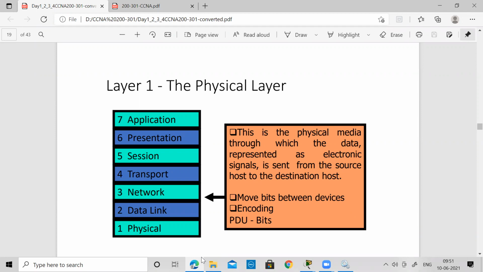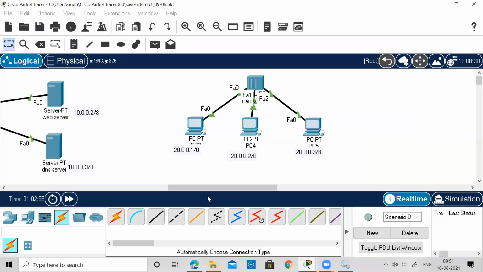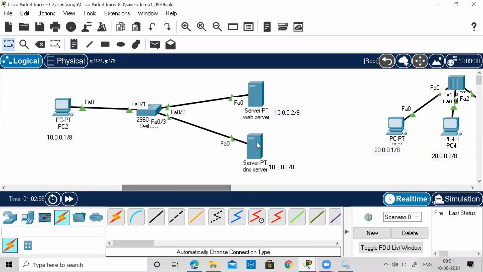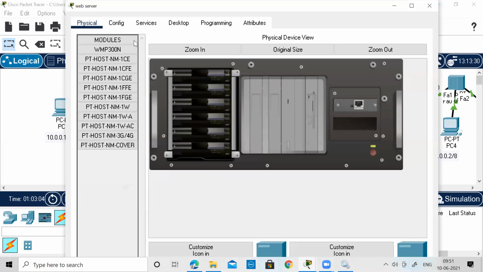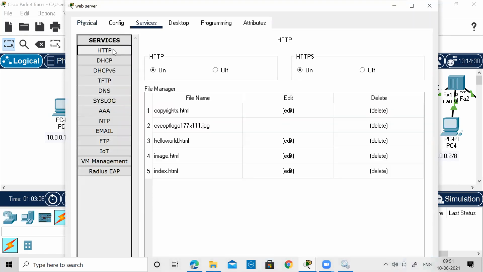you were not there in yesterday's lecture, were you? I had demonstrated this yesterday. I had a web server and a DNS server, and on the web server we had this website, meaning I had the HTTP service working.